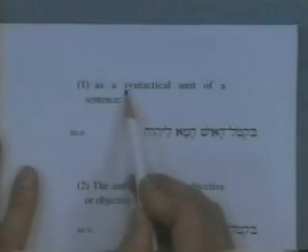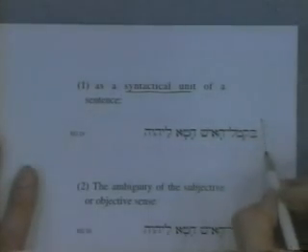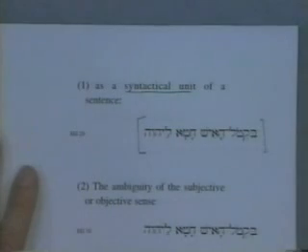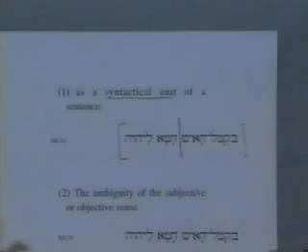Now, here's where we're going with this thing. This becomes a syntactical unit within a sentence. In the killing of the man, and we haven't looked at this one yet this morning, I think. In the killing of the man, kata ladonai, or li Yahweh.